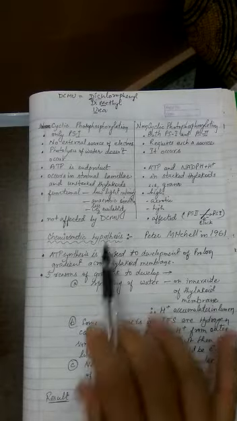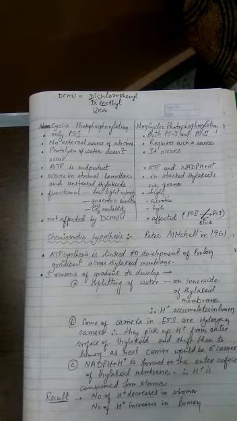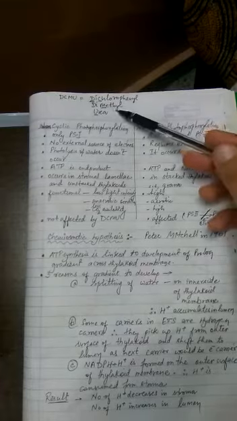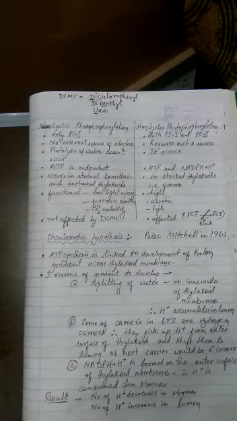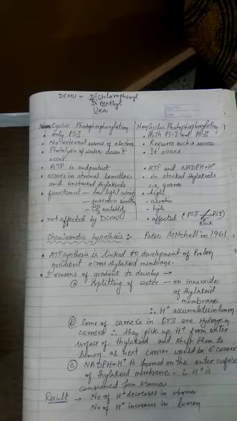You can even add one more point, that there is a poison which is called DCMU or dichlorophenyl dimethylurea. I have mentioned the name here. This poison is able to affect the non-cyclic photophosphorylation, but it is not able to affect the functioning of the cyclic photophosphorylation.